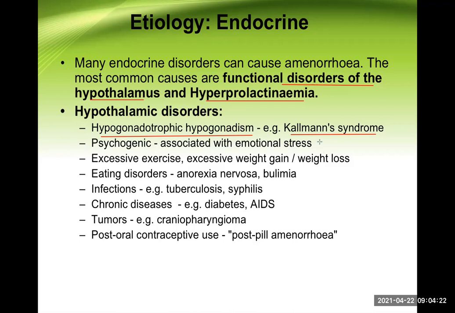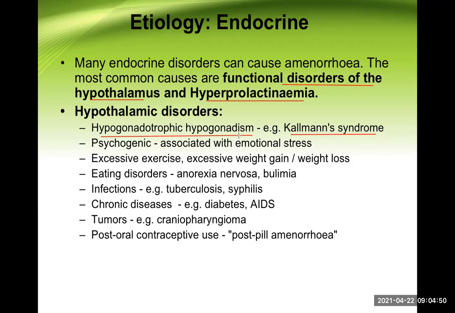Smell, sir, smell. Exactly. It is lack of smell. Okay, lack of smell. Anosmia, like lack of smell. So Kallmann syndrome also causes some abnormality in the smell center, which is present in the hypothalamus. So that is a problem here. So it is one additional feature along with hypogonadotropic hypogonadism.